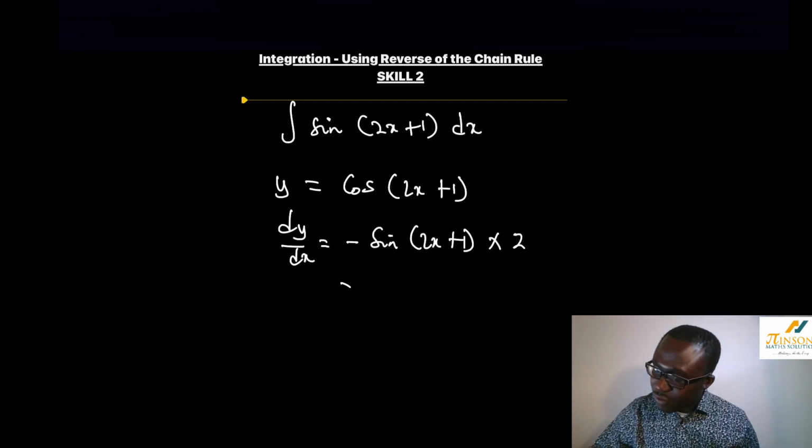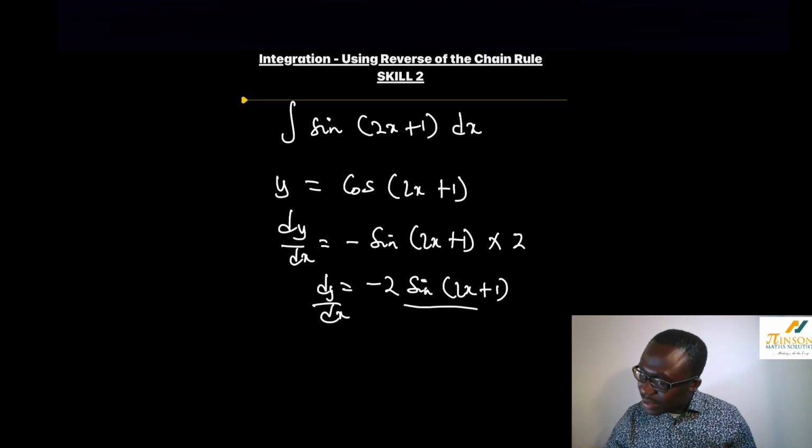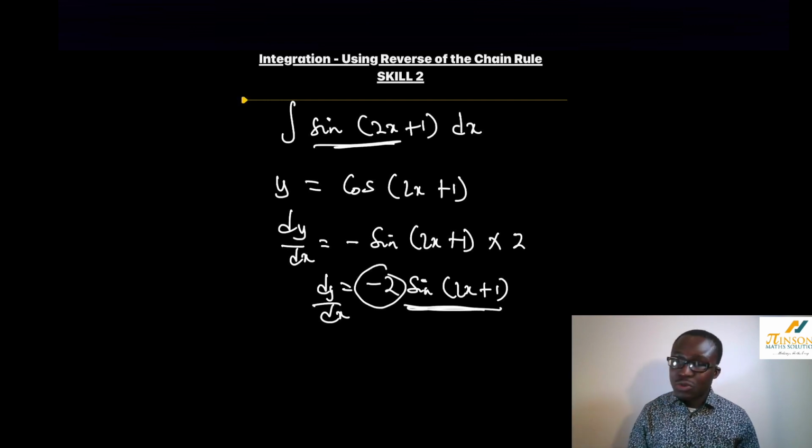So this gives me dy dx to be minus 2 sine 2x add 1. If you notice, our answer has the 2 sine 2x add 1, just like the question, but we have a minus 2 there that we don't want.